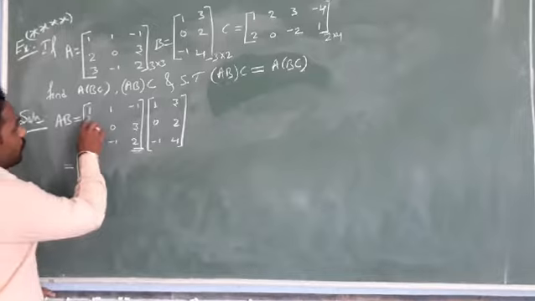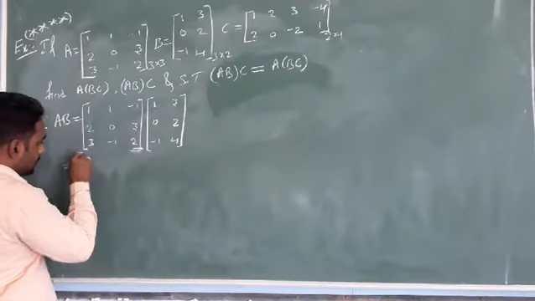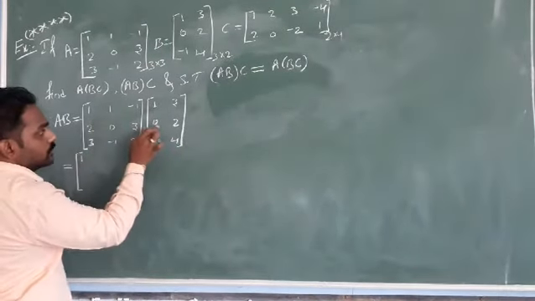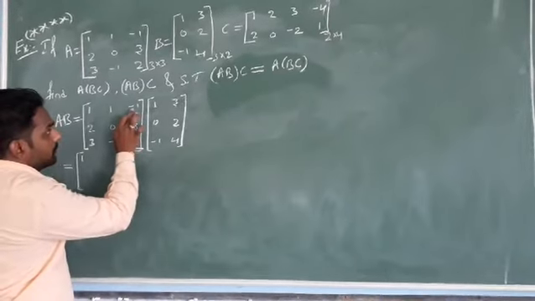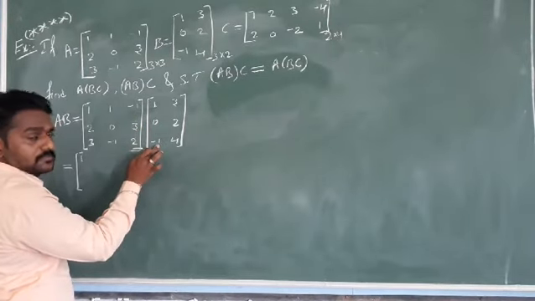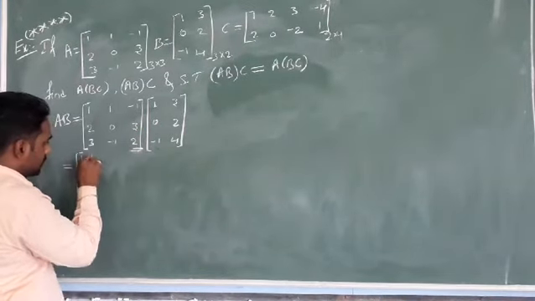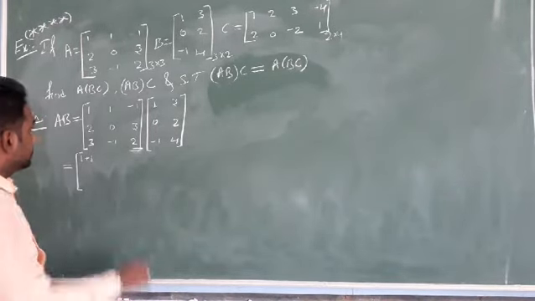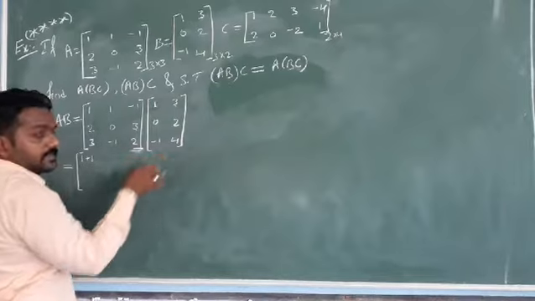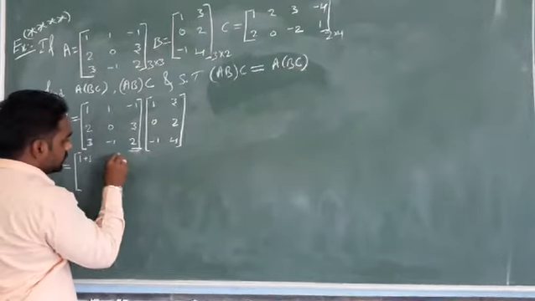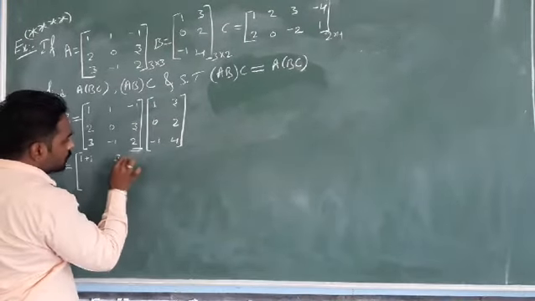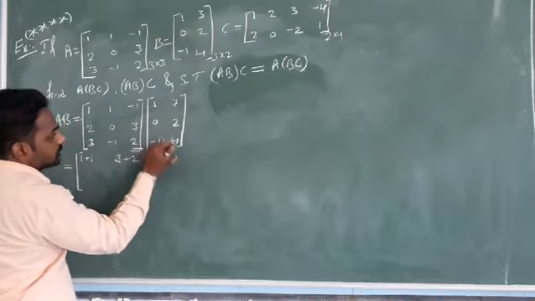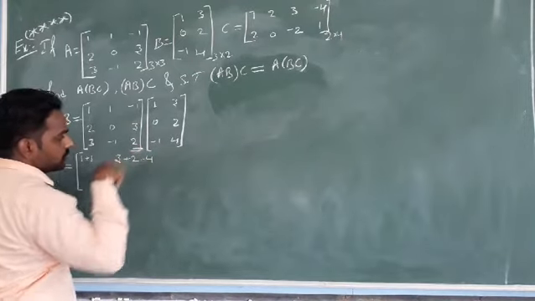Okay, 1 into 1, that is 1, plus 1 into 0, 0, minus 1 into minus 1, plus 1. So you get 1 plus 1. Okay, next, first row with the second column element, 1 into 3, that is 3, 1 into 2, plus 2, minus 1 into plus 4, minus 4.